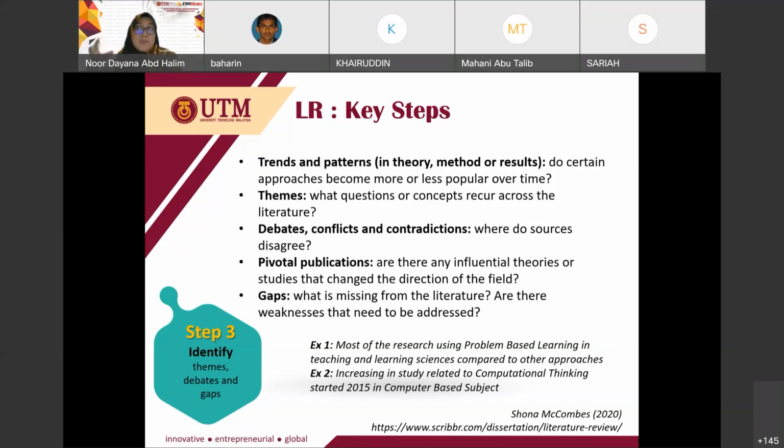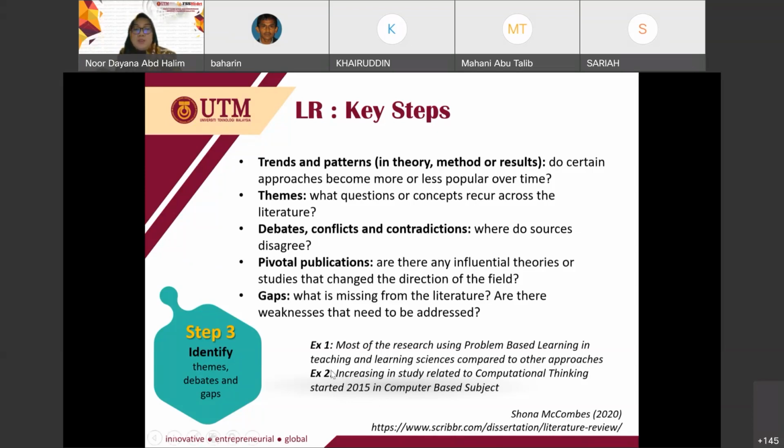Okay, so the examiner will ask why you use inquiry, for example, because from the literature it shows that most of the research uses PBL. Okay, so that is something that you need to bear in mind.